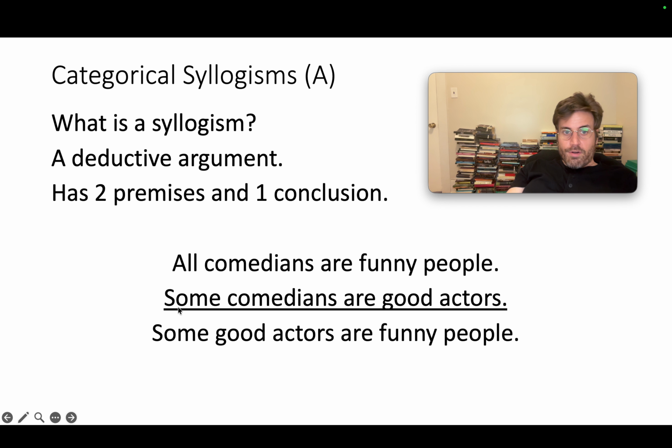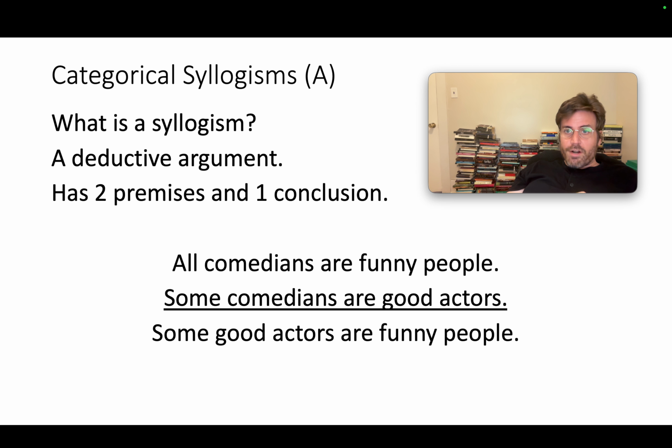And notice we are still going to be using our horizontal line to represent the portion that separates the premises from the conclusion. So two premises, and then we have our inferential leap here, and then we have our conclusion. So you might ask yourself a little bit before moving on, how does each one of these sentences fit on our square of opposition, right?